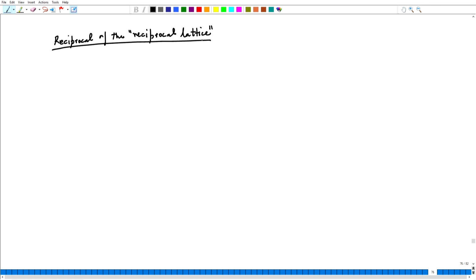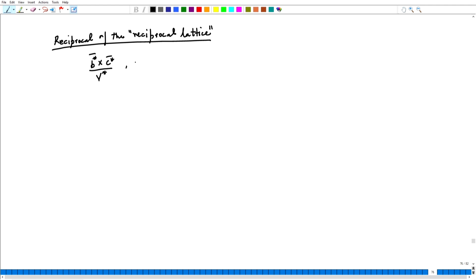Taking the reciprocal of the reciprocal lattice, that is B star cross C star divided by the volume of the reciprocal unit cell.